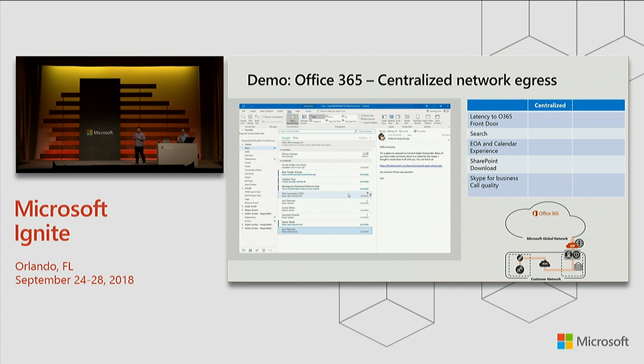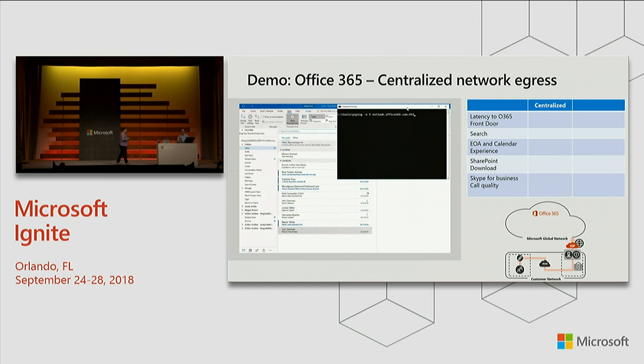What we're going to do is a couple of tests just to look at what the performance is. First up, I'm going to do a PS ping test to the front door of the service, and Jeff will talk a bit later on about what we mean by the front door. We're going to connect to outlook.office365.com, which is what Outlook uses to connect to Exchange, and you can see there we've got around 250 milliseconds of latency.